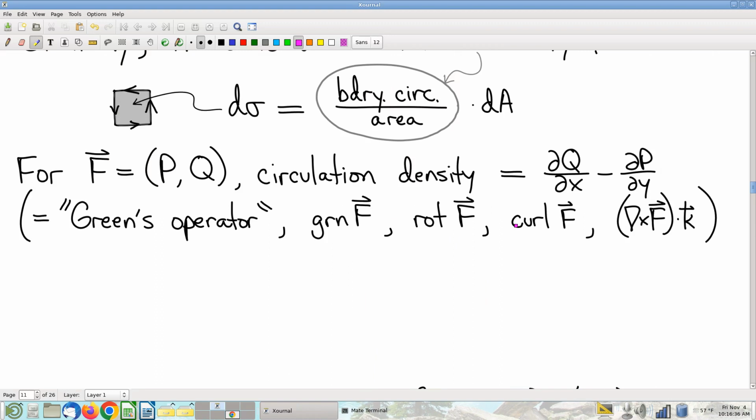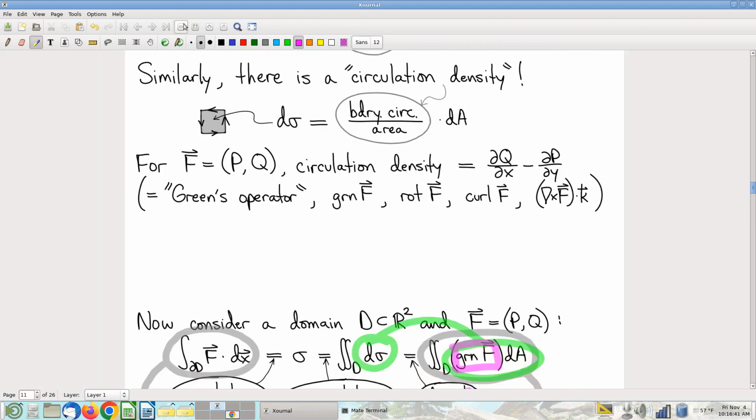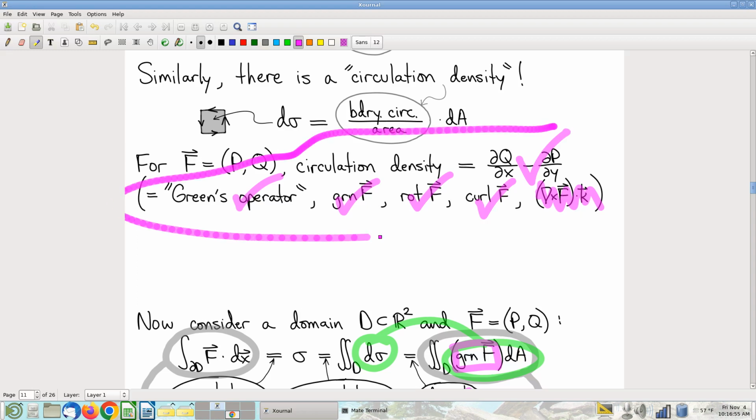And, of course, we have other notations and names for it. So Green's operator, there's that notation. Rote, curl. I hope no one uses that one. I'm going to kind of scratch that off. It's in the book. It's legal, but I don't like it. And then, of course, that's what that formula actually is. So circulation density is that integrand there.